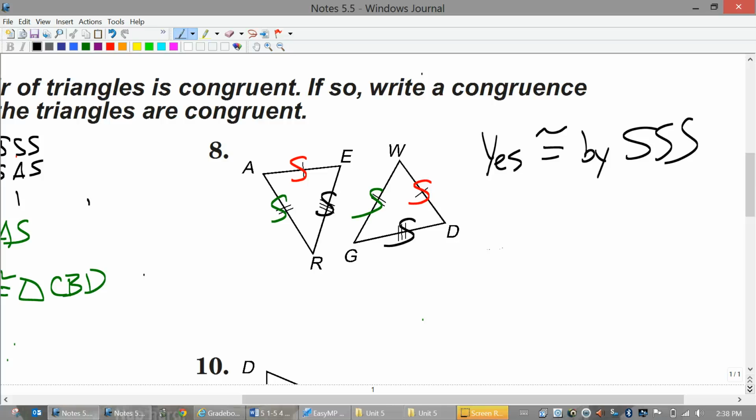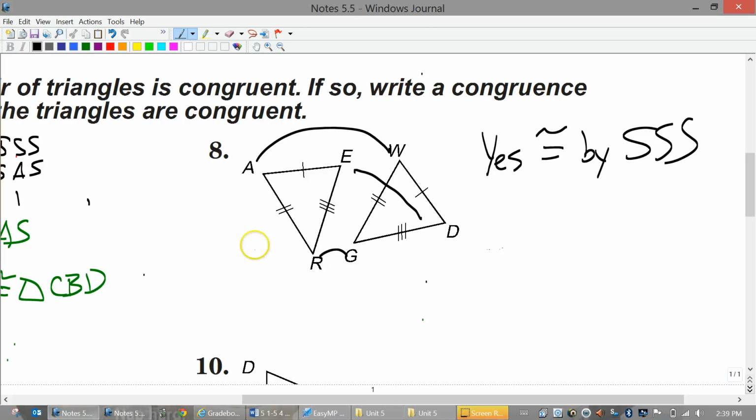Do you guys see what transformation it is from the left triangle to the right triangle? If I go from the left one to the right one, what happens to it? It rotates to the right, actually, clockwise. A turns into W, E turns into D, and R turns into F. Can you see that?